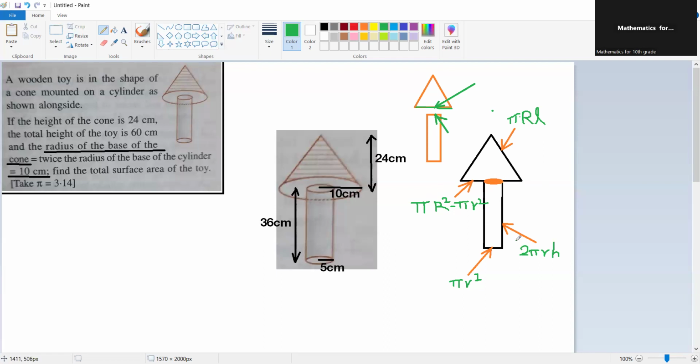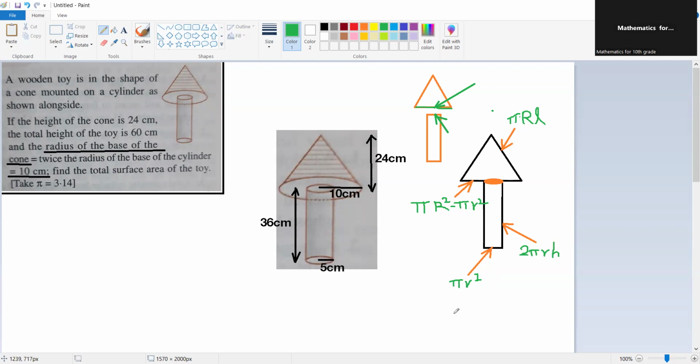Curved surface area of the cylinder is 2 pi r h, and of the two flat surfaces, only one is exposed to the outer environment, which is pi small r square. So pi RL, pi R square minus pi r square, 2 pi r h and pi r square. We need to add up all of these.